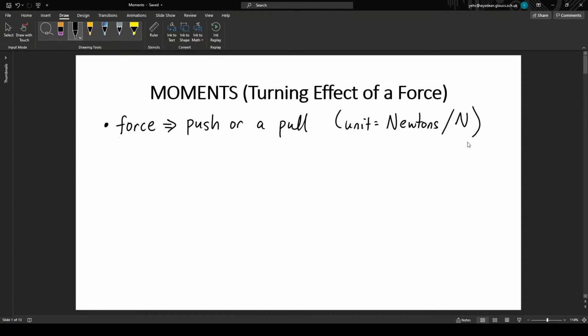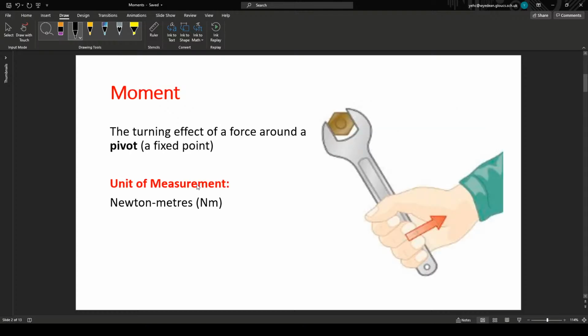We'll go through the conditions for that in a bit, but it happens because there's usually a fixed point where the object can't move. We call that a pivot. When you apply a force on this object, it can't move from that point, so it causes a turning effect.